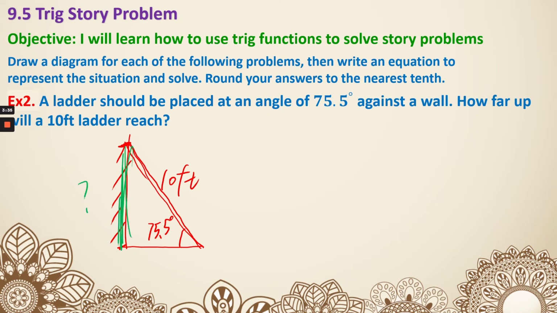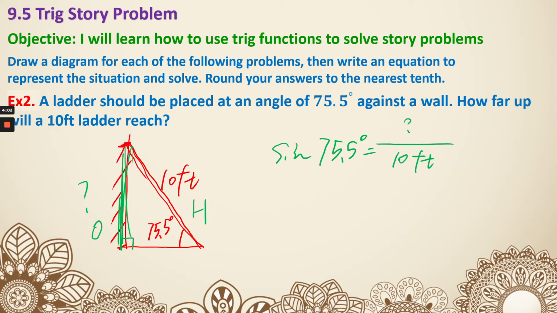Now we have our right triangle because the ground and the wall are at 90 degrees. Using the angle 75.5 degrees, this will be the adjacent, this will be the opposite, and that's the hypotenuse. The trig ratio that needs opposite and hypotenuse is sine. So sine 75.5 degrees equals the opposite, which is our question mark, over 10, which is the hypotenuse.